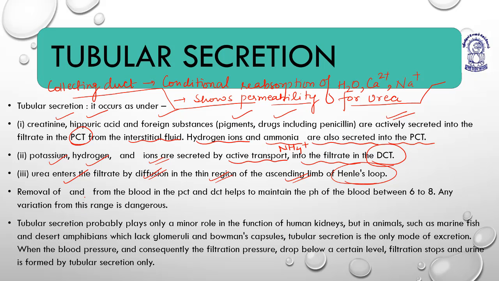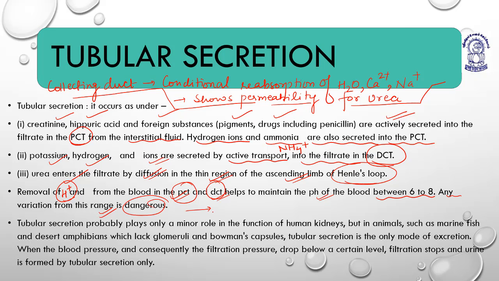The removal of these substances in the PCT and the DCT helps to maintain the pH of the blood. So basically the removal of H plus ions in the proximal and distal convoluted tubules helps to maintain the pH of the blood between 6 to 8. Any variation from this range is dangerous.